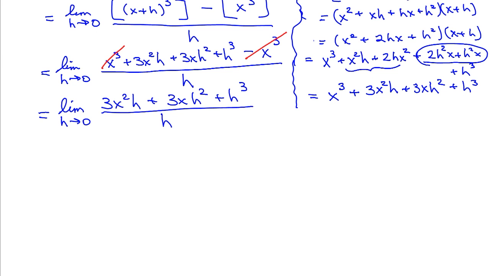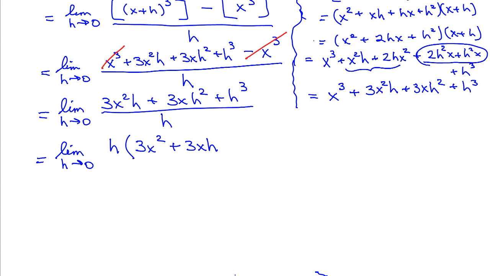What can you factor from the numerator? So h comes out. That leaves from the first term 3x squared. From the second term, I'm going to have 3x, and I'm still going to have 1h left over here, so it's 3xh.